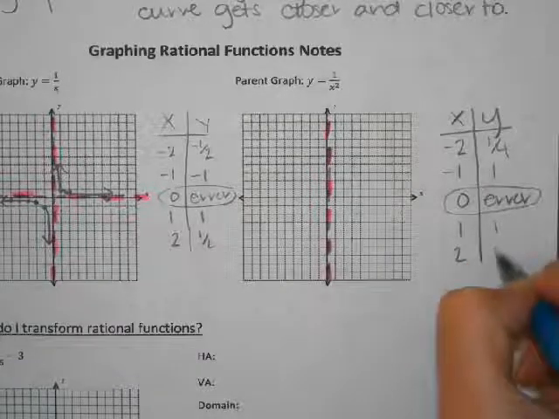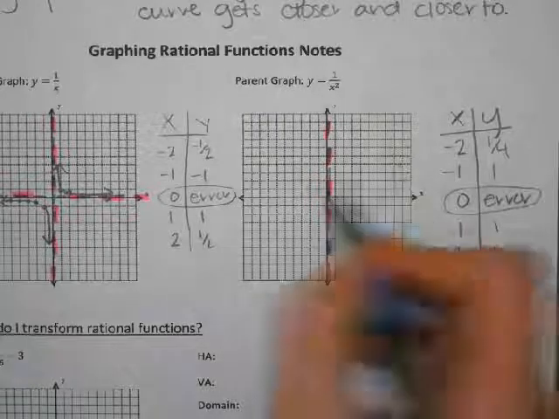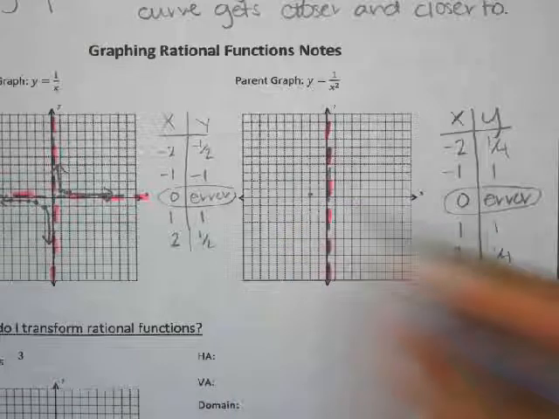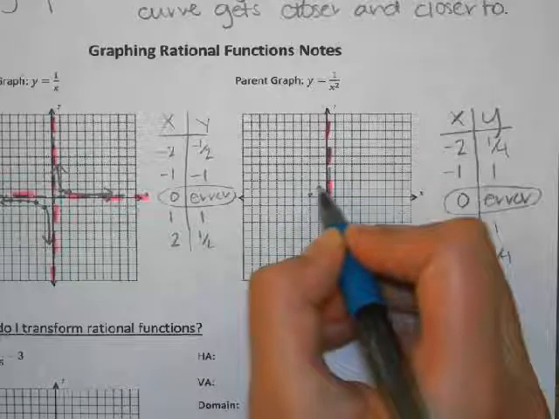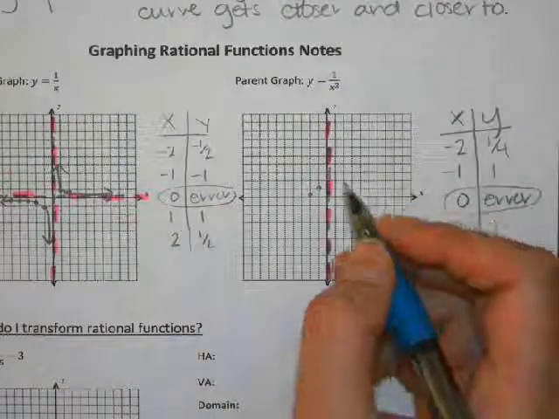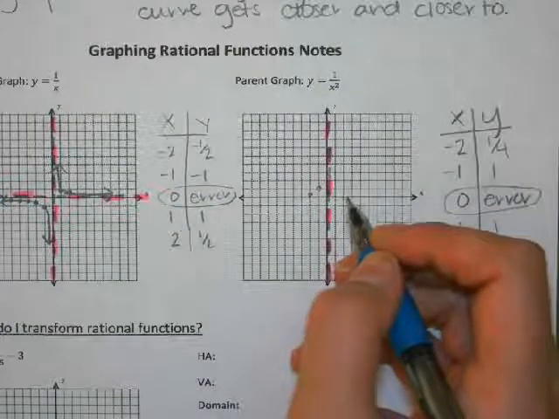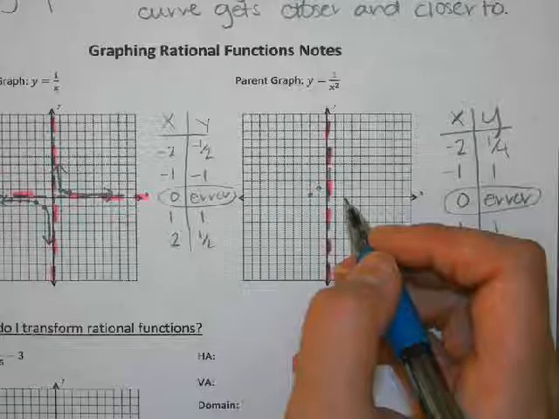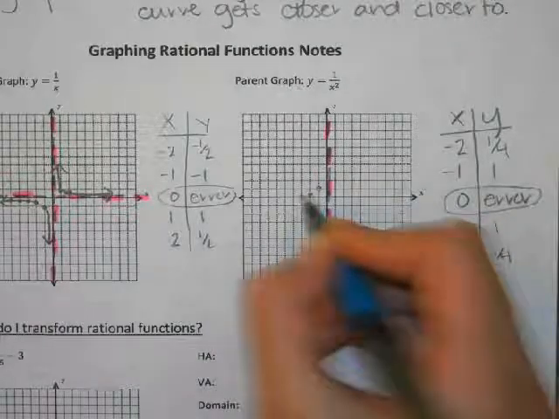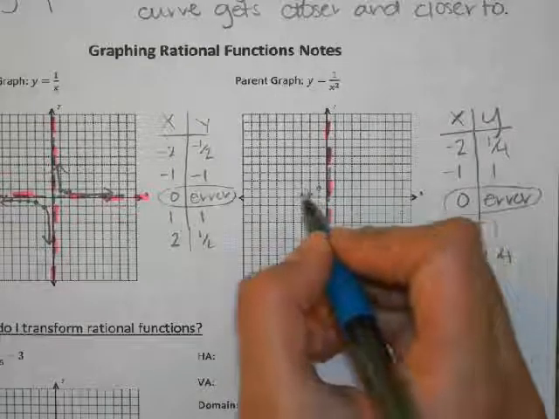1/4. All right, so -2 up 1/4, -1 up 1. What happens if we plug in -3? 1/9. What happens if we plug in -4? 1/16.